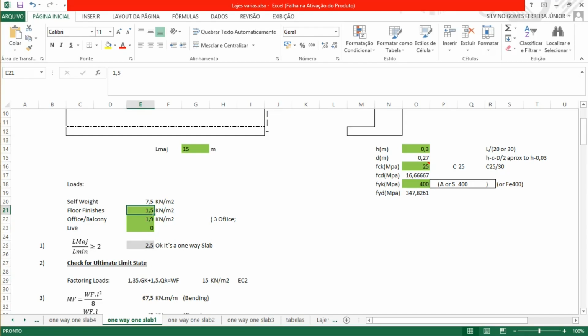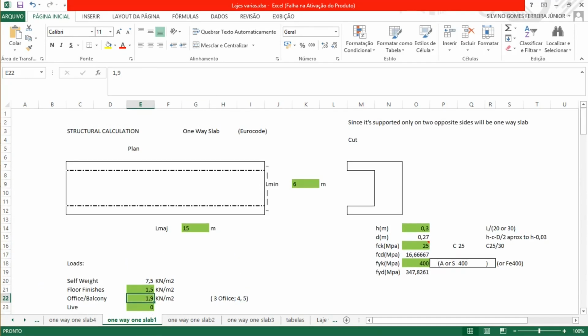This could be an office, and if it was an office we could consider like 3 kilonewtons per square meter. Depending on the function of the slab and which type of building, it can increase to 4, 5 kilonewtons. Here, just for the calculation, we use 1.9.